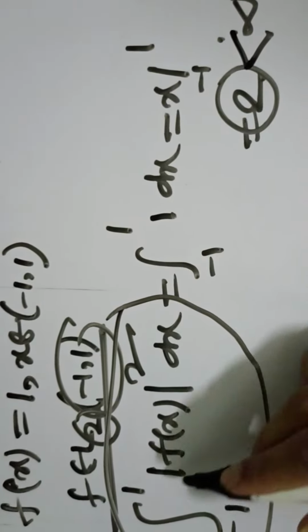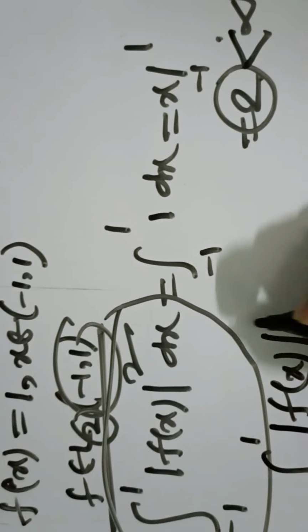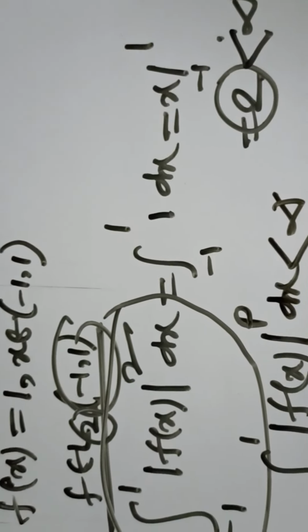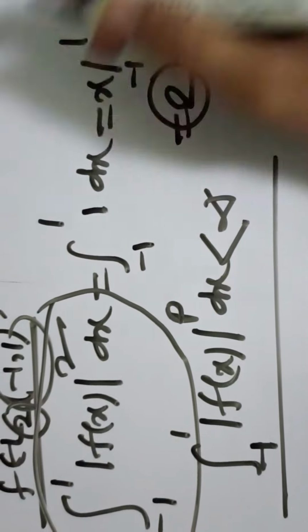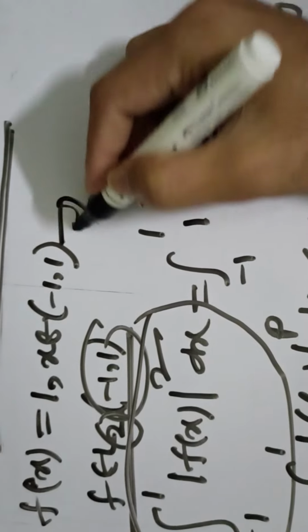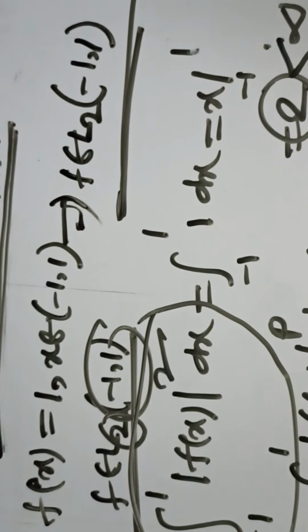As the integral from -1 to 1 of |f(x)|^p, meaning power 2, dx is finite, we can easily tell that the function f belongs to L2[-1, 1], right? This is what the LP function is.